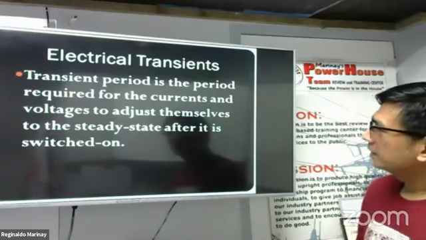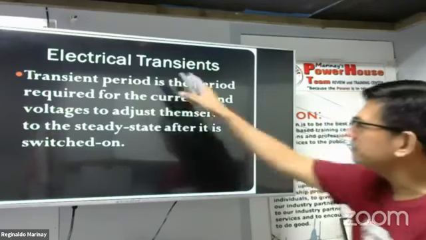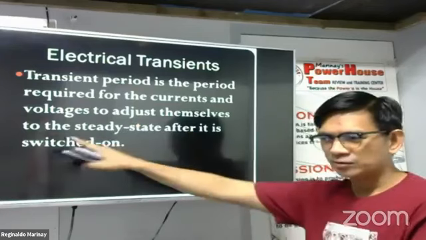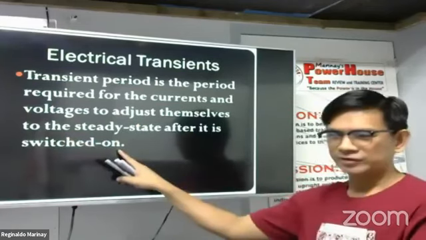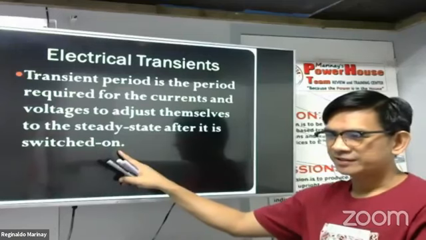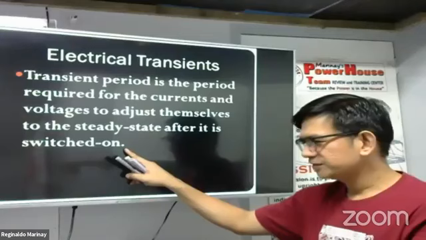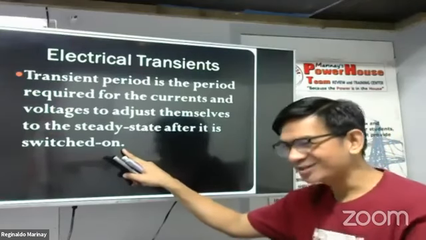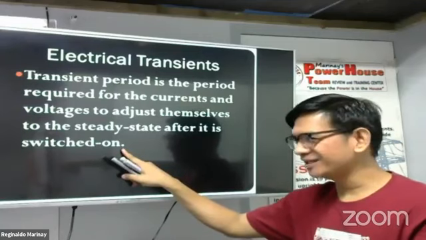Transient period is the period required for the currents and voltages to adjust themselves to the steady state after it is switched on. Meaning, a transient period is a period of adjustment. Just like yung nagliligawan, what's that in English?